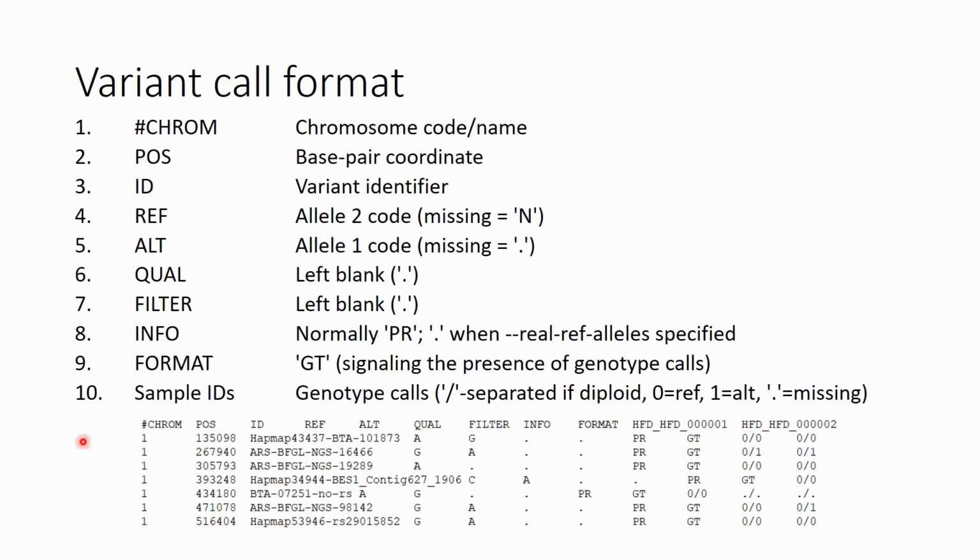Here also each variant is a line or a row in this particular file. You might also notice that, because of the text editor, some of the column names are actually a bit shifted, but basically this is the chromosome, the position, the SNP ID, reference allele, alternative allele, and so on. After some time, there is a column for each individual.